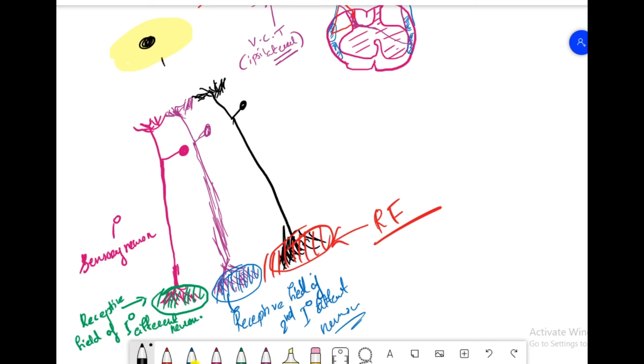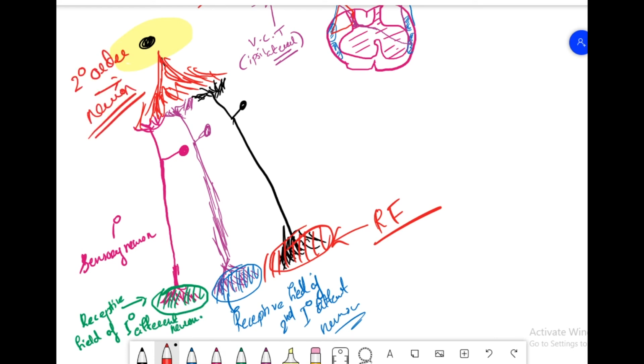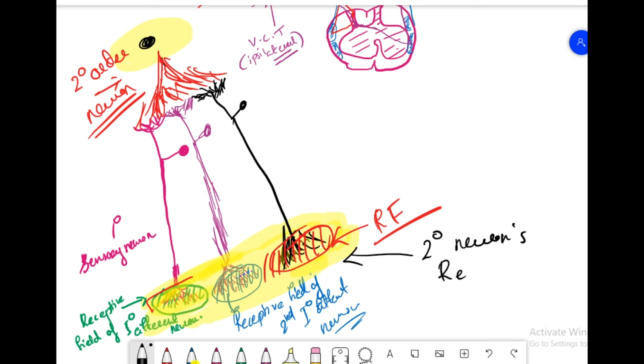If the two points are located in different receptive fields, we feel them as two points. If the two points are located in the same receptive field, we feel them as one point. Now the second order neurons: I am drawing the second order neurons and their nerve terminals above.